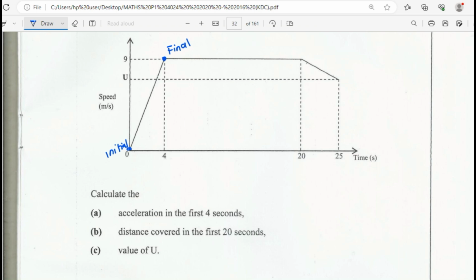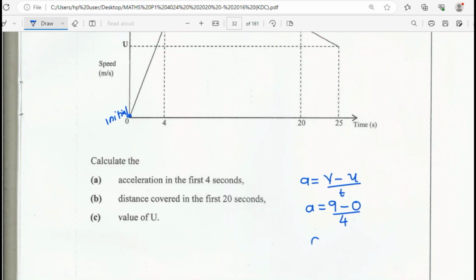So we'll say acceleration is equal to final minus u over t. Then final velocity is 9 minus initial 0 over 4, which is 9 over 4.